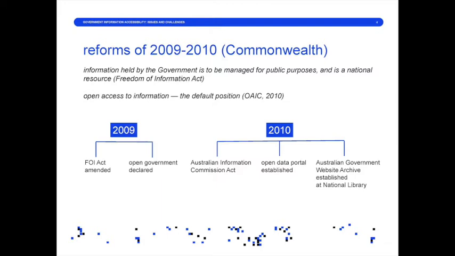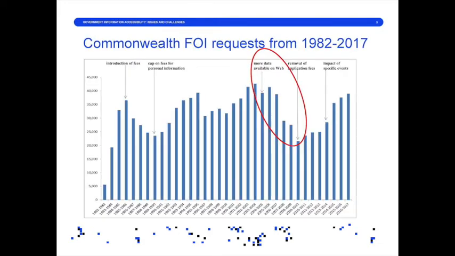All right, so Commonwealth FOI requests. Now, this data comes from the Open Government Data Archive, the Open Data Portal. I'm not going to speak about all of them, but you can see a range of ups and downs there, ebbs and flows. Along here, fees.